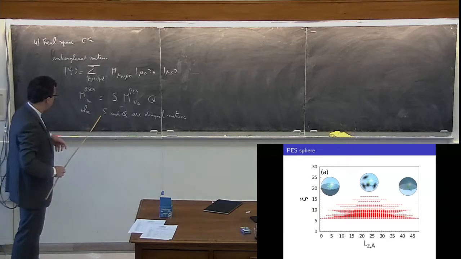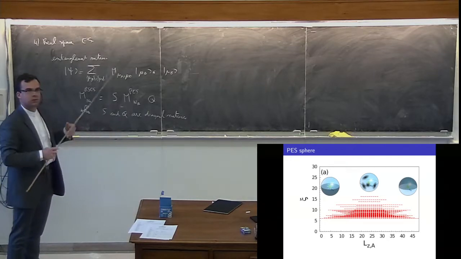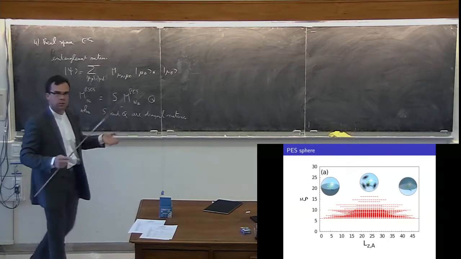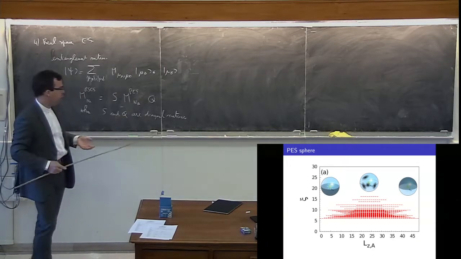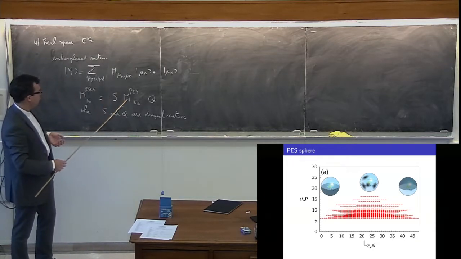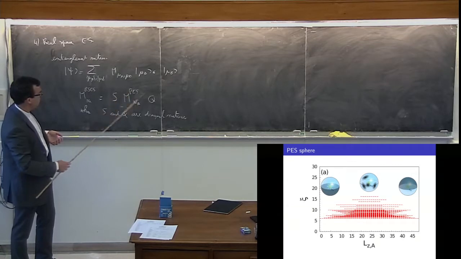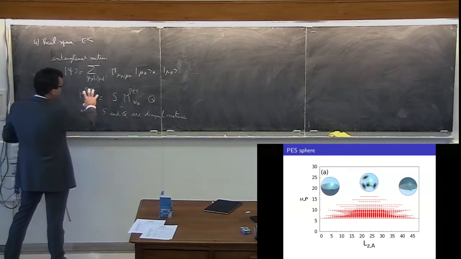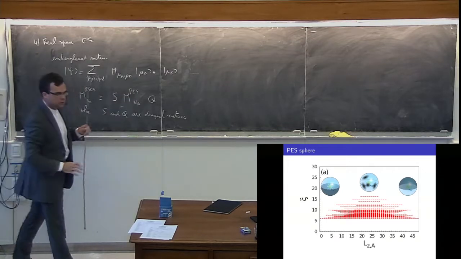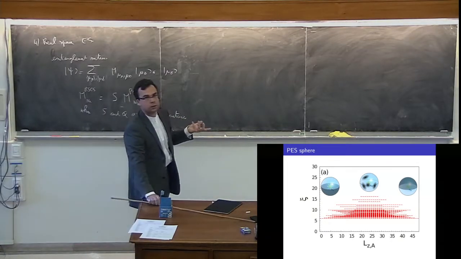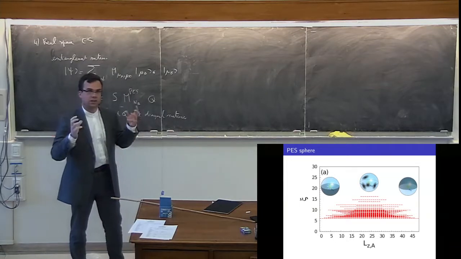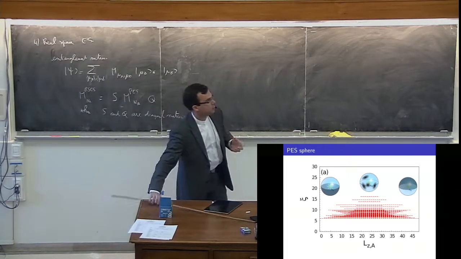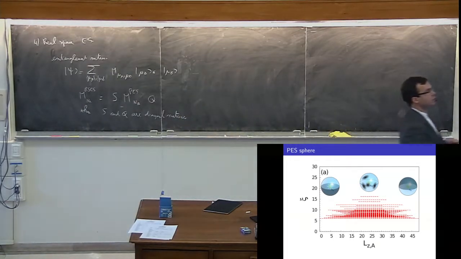If these are diagonal matrices and they have no zero element on the diagonal, you won't change the rank by this transformation when you conjugate the matrix by S and Q. So the rank of the entanglement matrix for the real space cut and the rank for the particle cut are identical, so they have exactly the same number of levels. So the number of levels that you observe here is actually identical to the one of the real space.